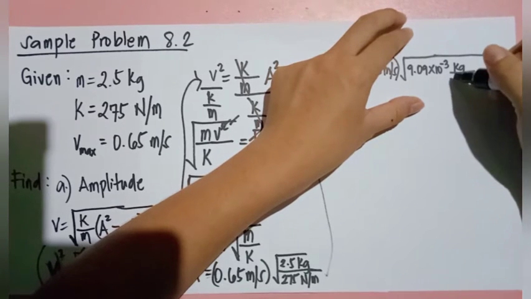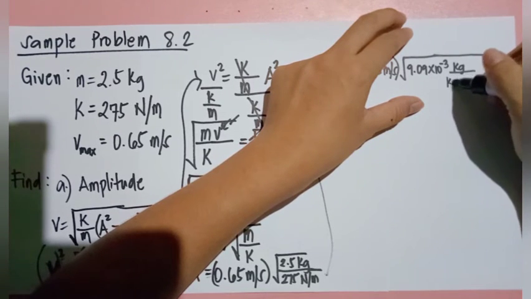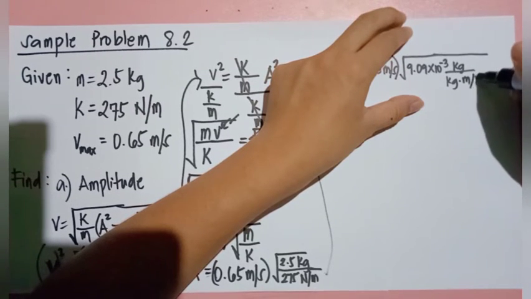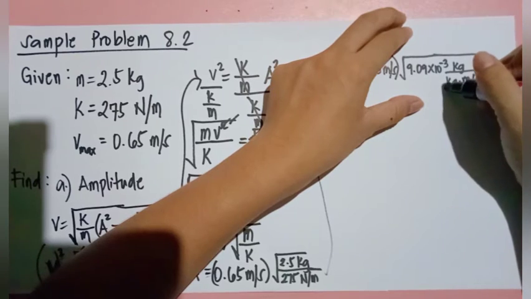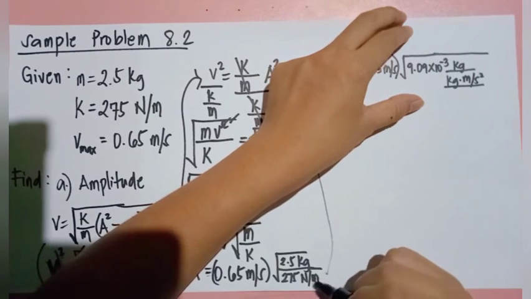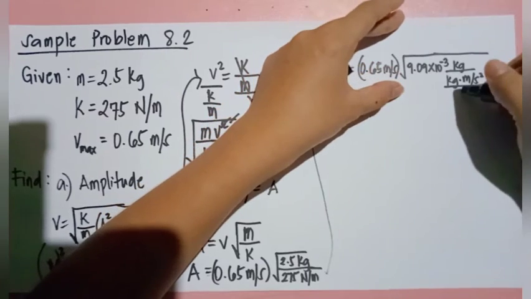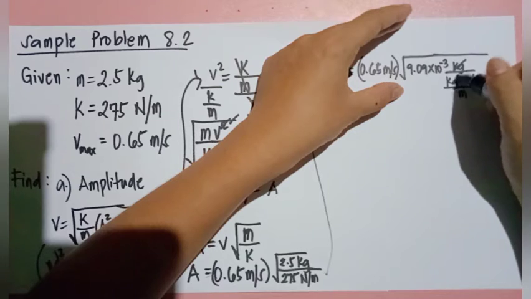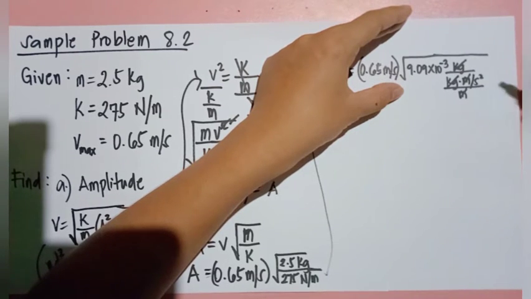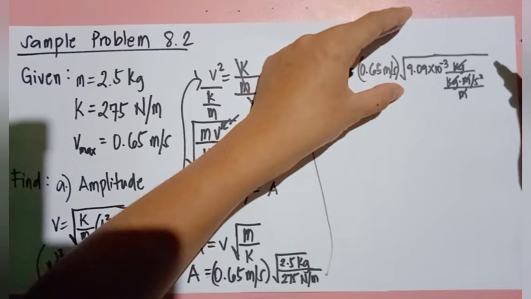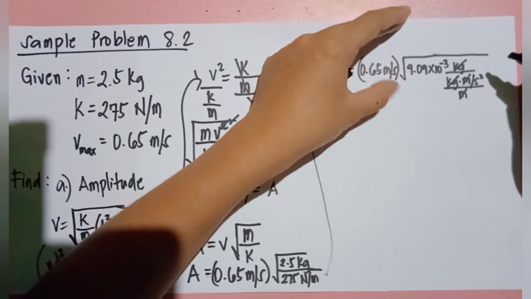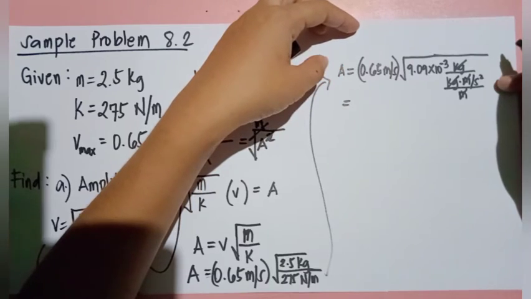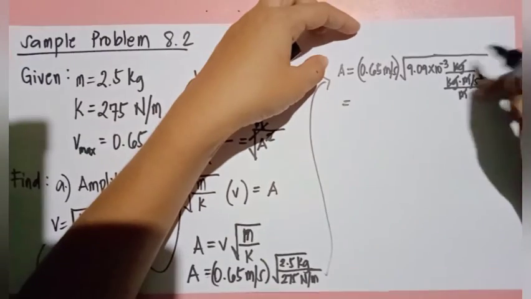So we have kilogram meter per second squared over the m here. So we can cancel the m, and what's left is the unit second squared.